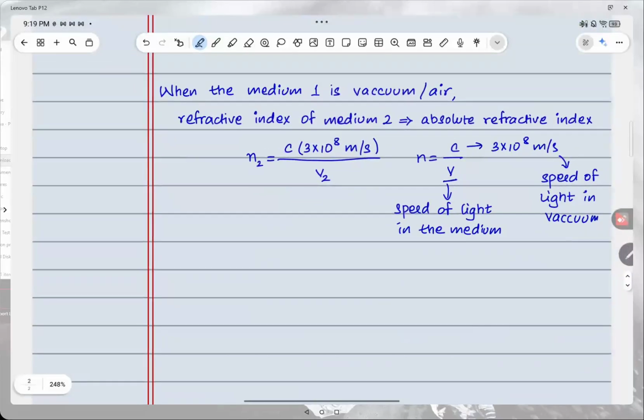Okay. So now, we were talking about refractive index.